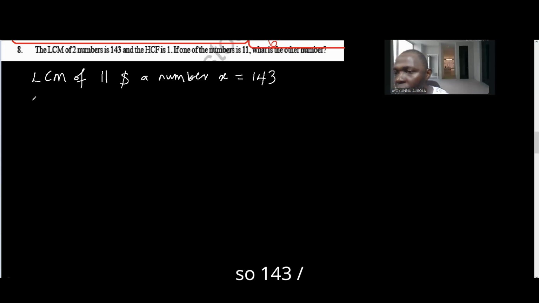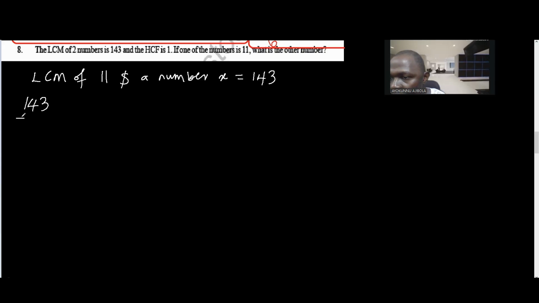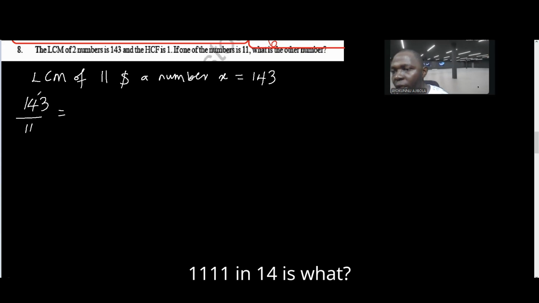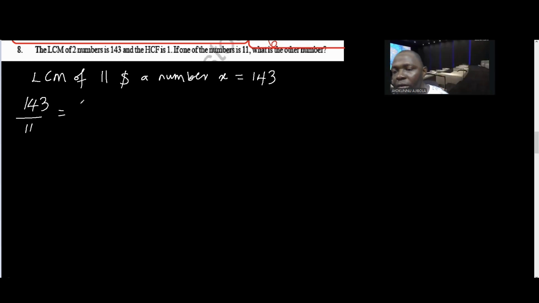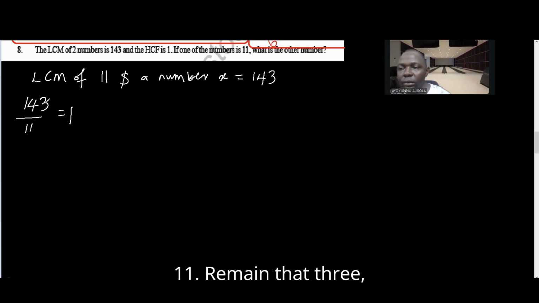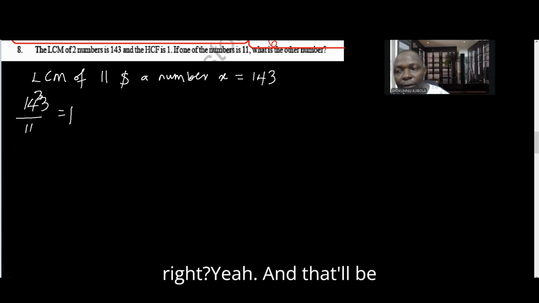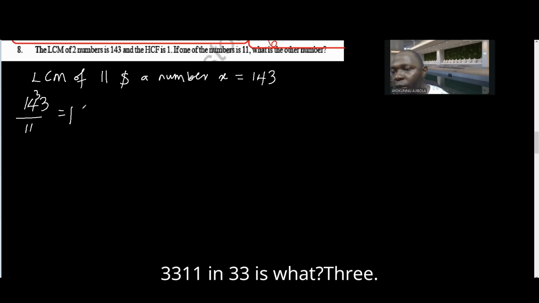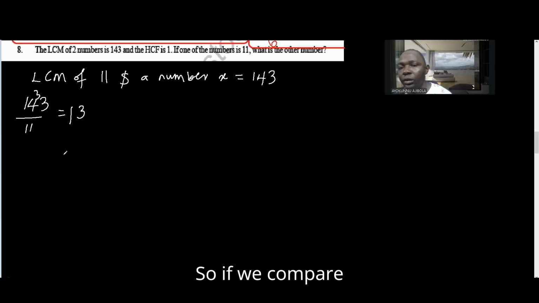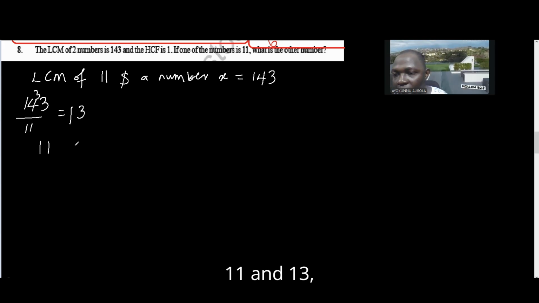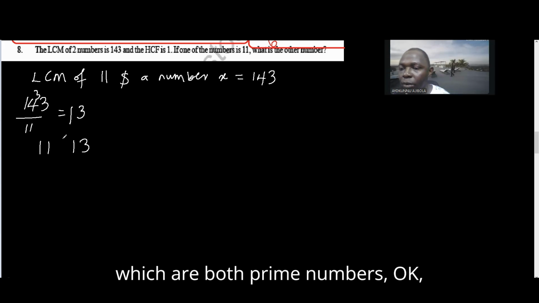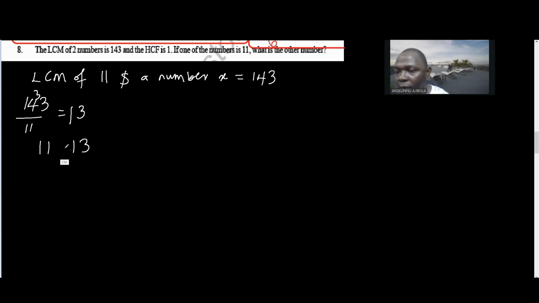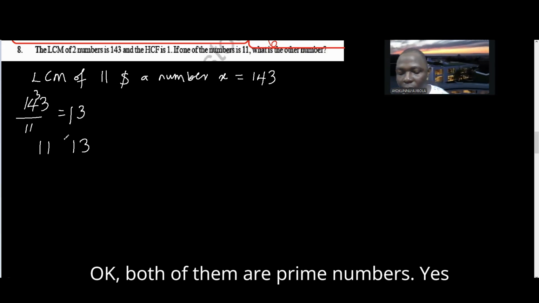So 143 divided by 11. 11 in 14 is what? 1, remainder 3, right? And that will be 33. 11 in 33 is what? 3. So if we compare 11 and 13, which are both prime numbers, okay?